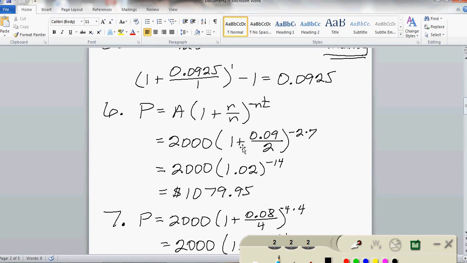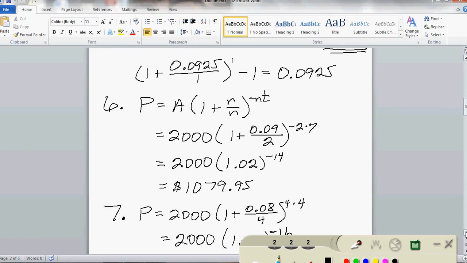This should be 1.045. I just jumped ahead and looked at my work for number 7. So this is the correct answer if this number was correct. If you try to punch this into your calculator, you will not get the 1079. But if you put in the 1.045 that should be there, you will get $1,079.95.